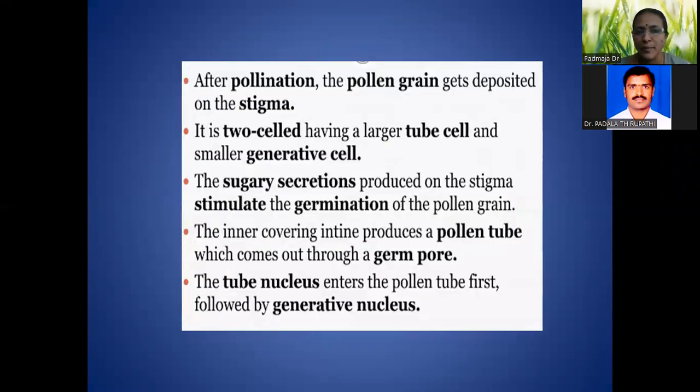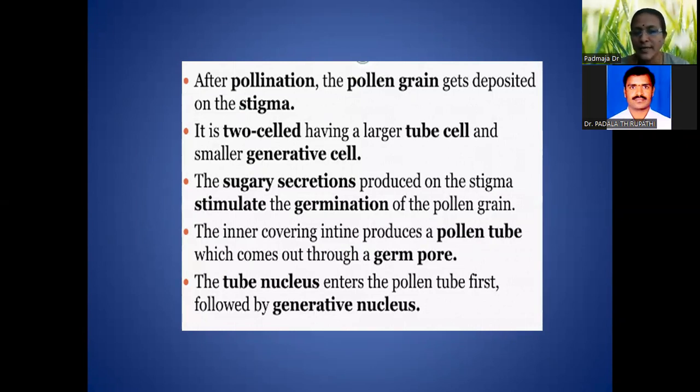The main thing we have to remember is that pollen grains get deposited on the stigma, and they are at the 3-celled stage. They are deposited on the stigma, and the stigma has sugary secretions which stimulate the pollen grains to germinate and produce the pollen tube, which comes out from the germpore through the intine of the pollen grain.